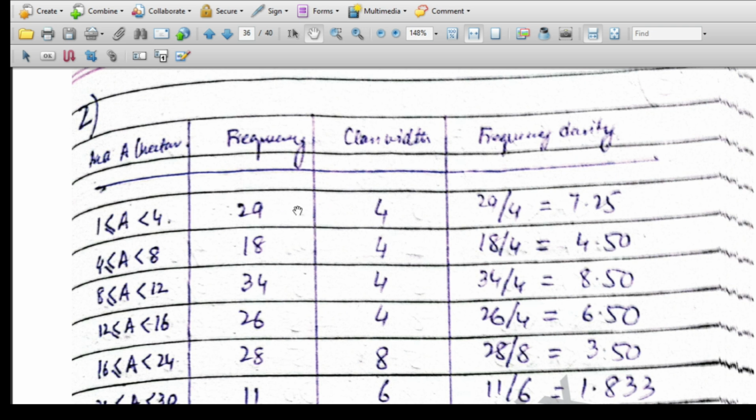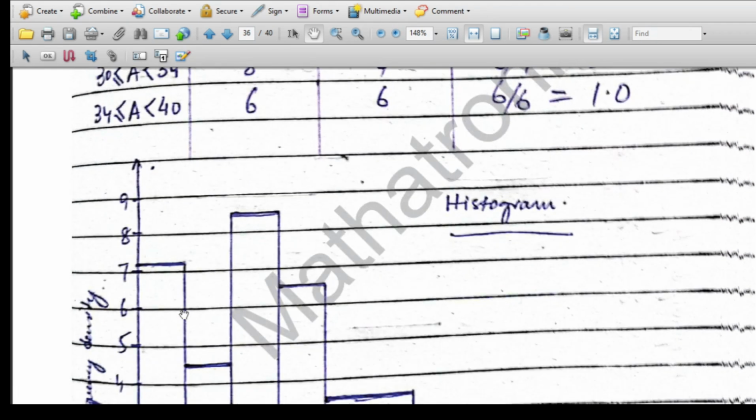We did a mistake here, so we can correct it by dividing by 3, and then we get a different value. Plot it, and that will be different.